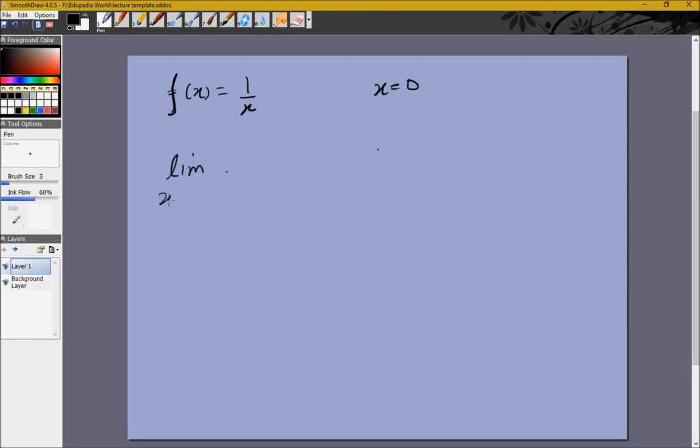So limit x goes to 0 minus 1 by x will be, we'll just put x is equal to 0 minus h, minus 1 by h, which we can see now h is positive, and as h goes smaller, 1 by h grows larger. 1 by h in fact goes to infinity as h goes to 0. So this goes to, we can't write equal to, we say goes to minus infinity, which means the limit does not exist.